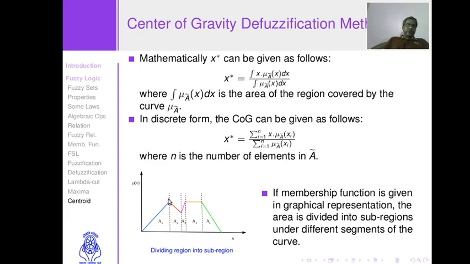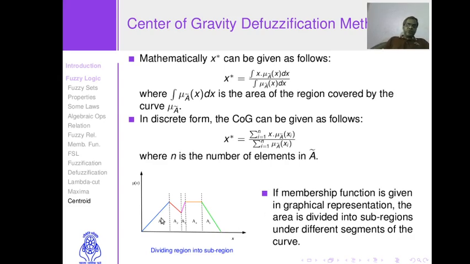If we want to determine the entire area covered by this curve, we can estimate the areas of these sub-regions, A1, A2, A3, A4 and A5. If you sum up all these 5 values, then you can get the area covered by the entire curve.